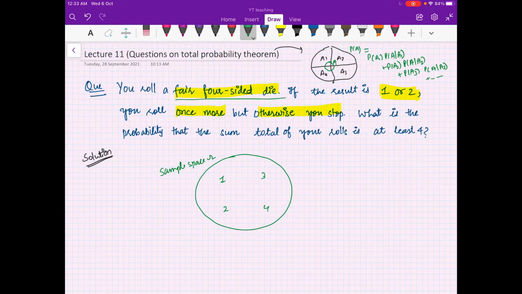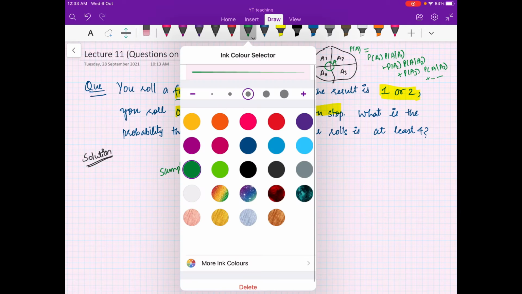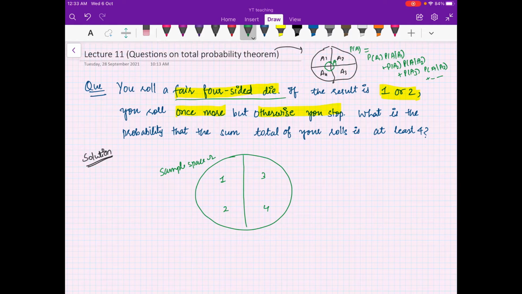Let me make a partition. Here is our event A1, and here is our event A2. They are disjoint and their union is the whole omega.